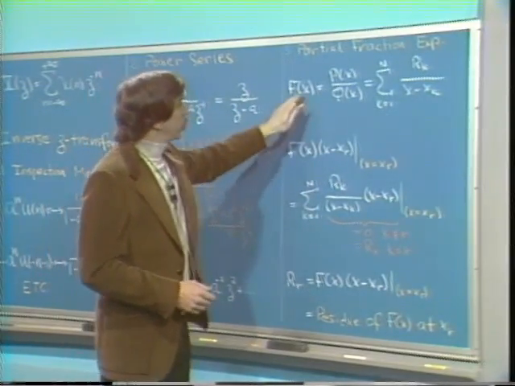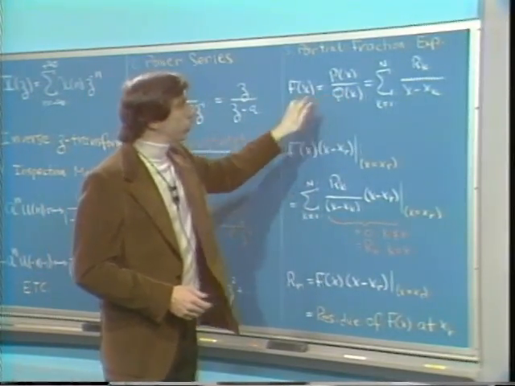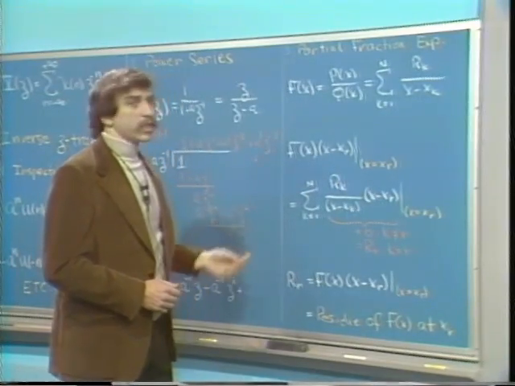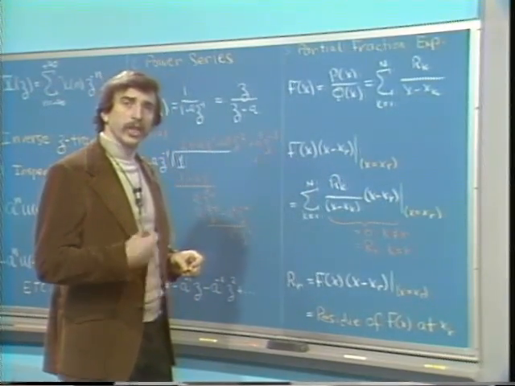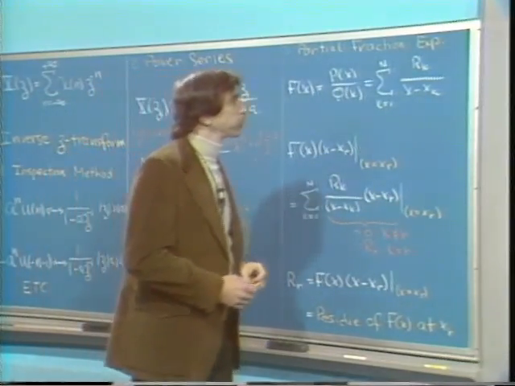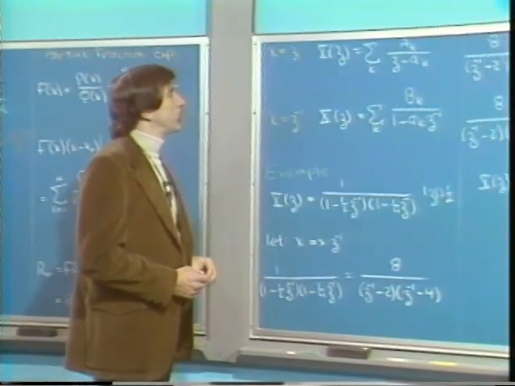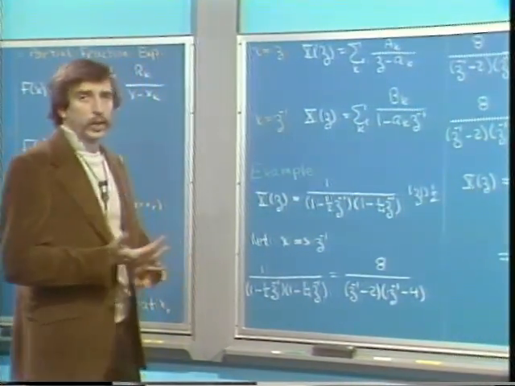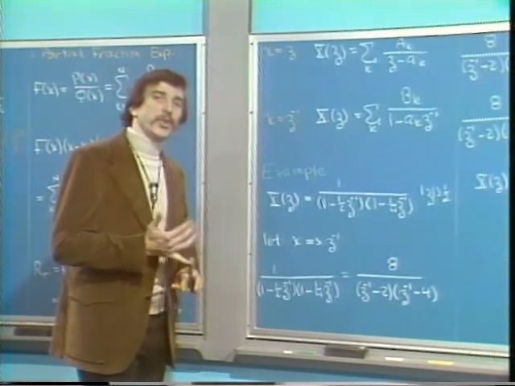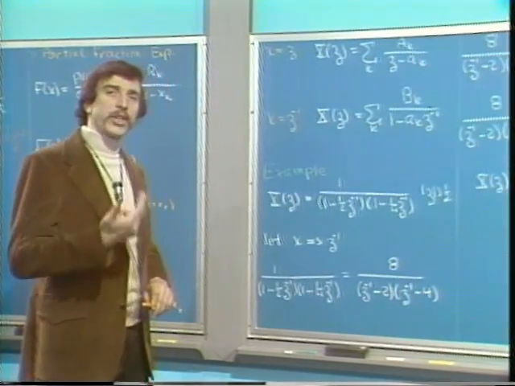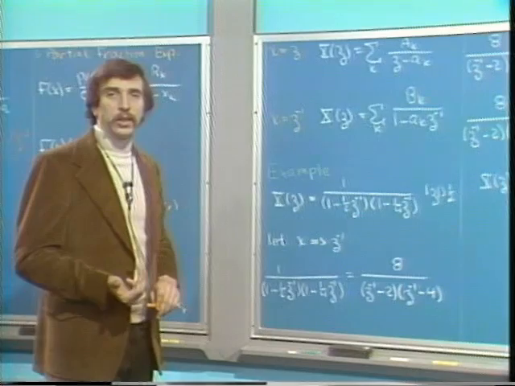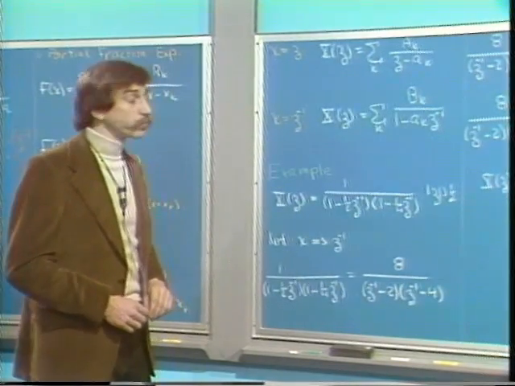Now, this, of course, is for a general rational function. Let's apply this now to the inverse z transform. Well, let's restrict ourselves to the case where the z transform is a rational function of z, or z to the minus 1.